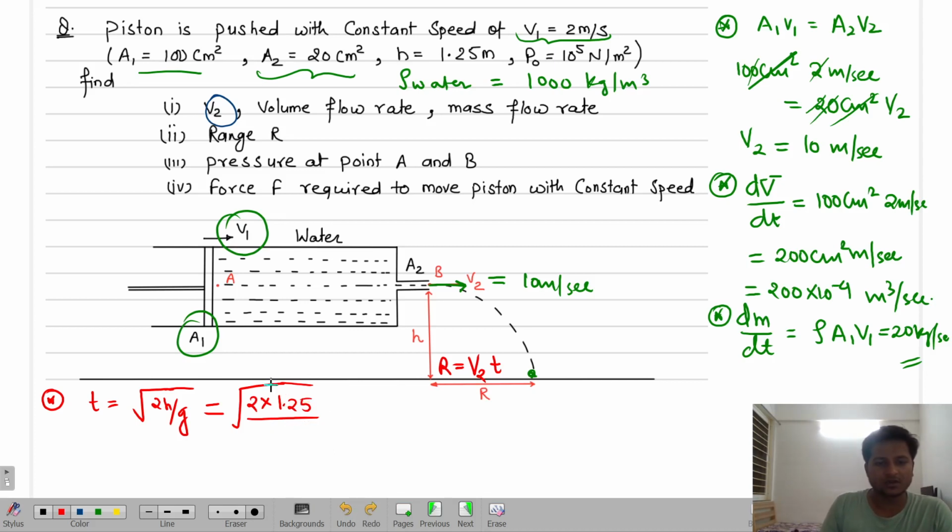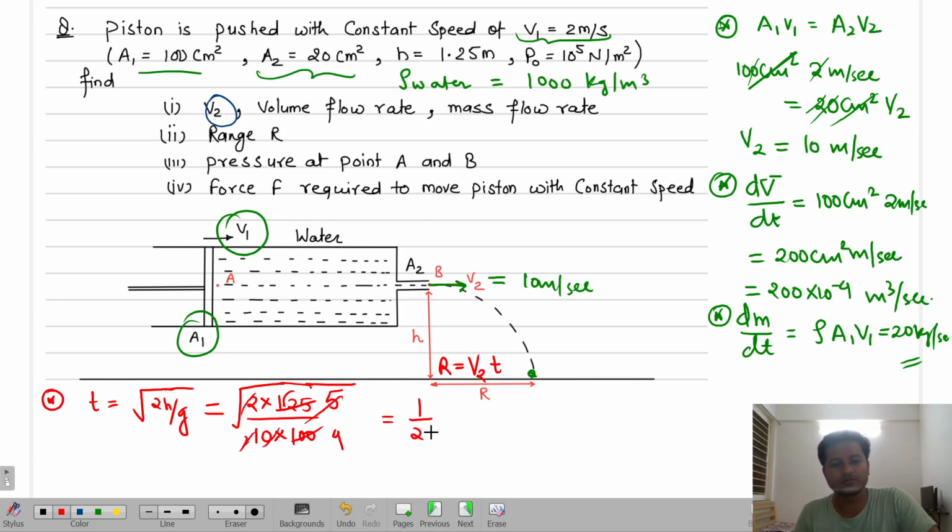G is 10, and if I replace this, there is 100, another 100 over here, isn't it? So this is 5 and this is 4, and 5 twos are 10, the 2 twos got cancelled. So this is 1 by 2 seconds, isn't it? So time of flight is 1 by 2 seconds.